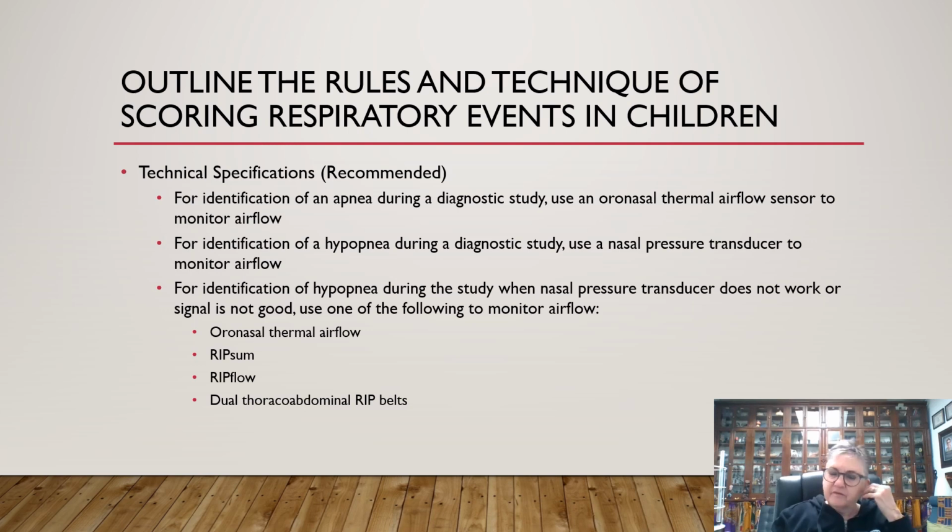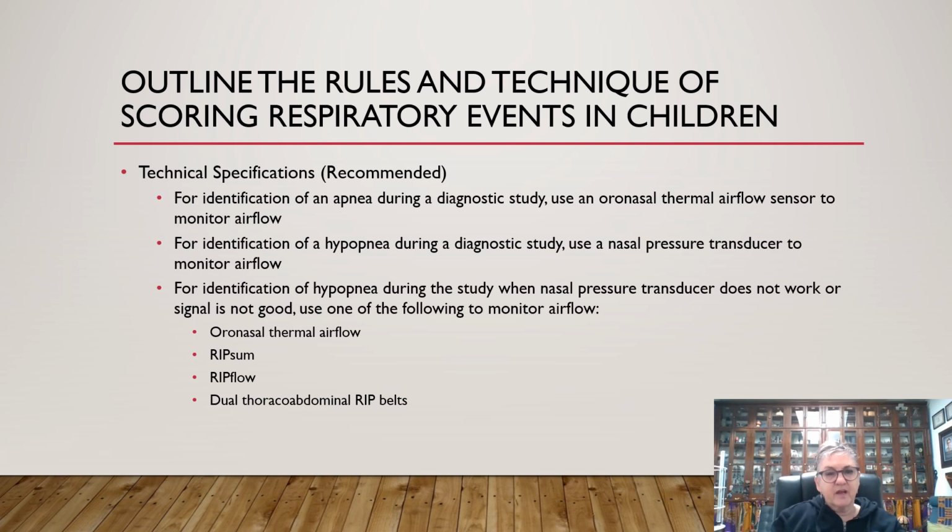In order to have the ability to score hypopneas, apneas, or respiratory monitoring, we need to make sure that we use specific equipment. And here are some technical specifications that are recommended by the AASM. For identification of an apnea during a diagnostic study, use an oral nasal thermal airflow sensor to monitor airflow.